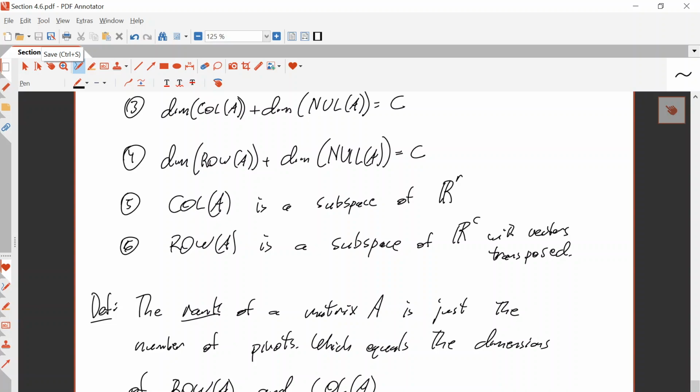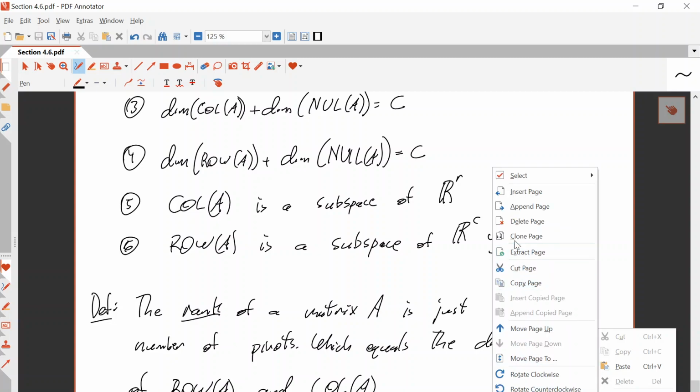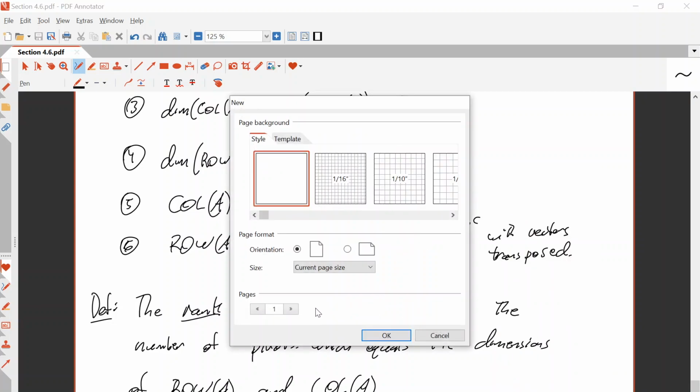That's a more common term than pivots. I don't know why they took so long to get to that definition in the text. I would have presented it earlier, but there it is. So that's the rank of the matrix. It's just the number of pivots that you got.